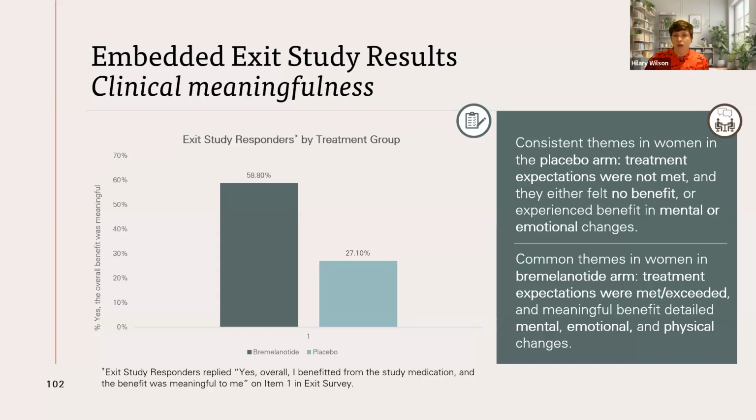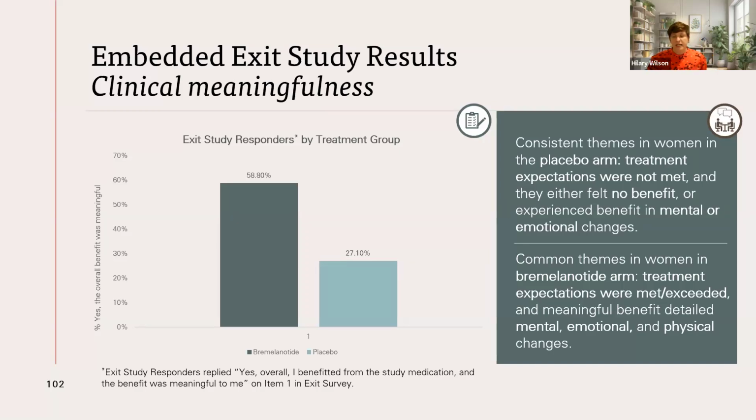I mentioned we coded all of the qualitative interviews before unblinding the data, and then summarized the qualitative themes by treatment arm and by responder status. Active treatment with bremelanotide offered more extensive and multidimensional benefits beyond those reported by patients receiving placebo only.